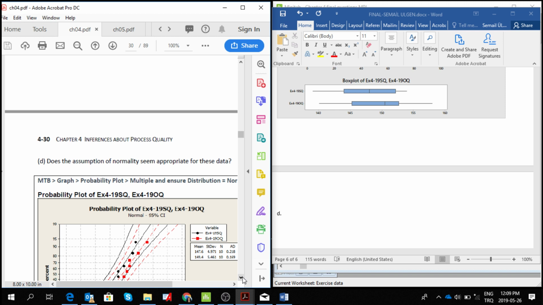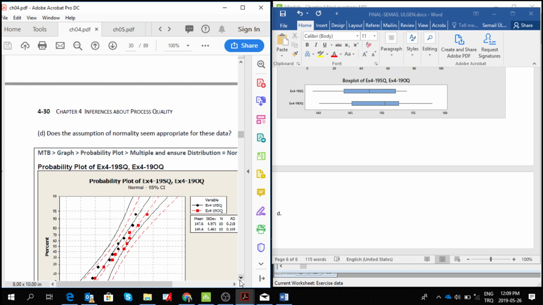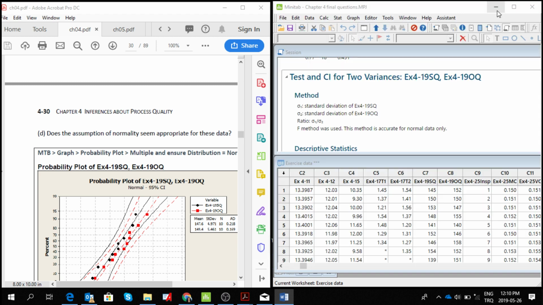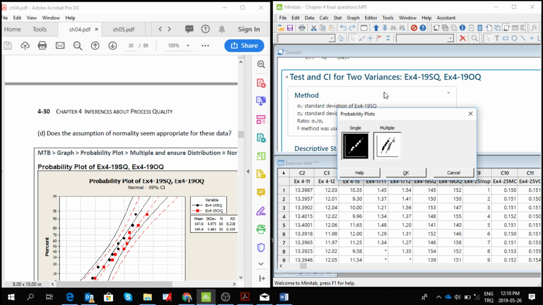In part D, does the assumption of normality seem appropriate for these data? So we have to check both data sets, whether they are normally distributed or not. For that, we are going to go to Minitab. So I'm going to close this now. We go to Graph, and we are going to go to Probability Plot.